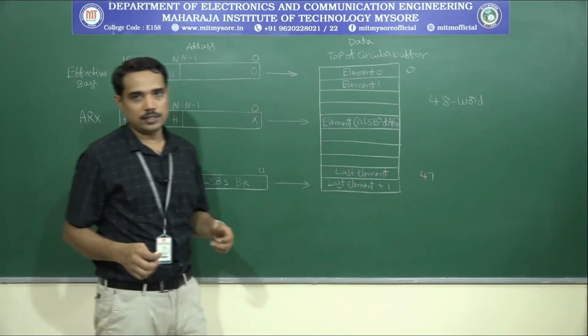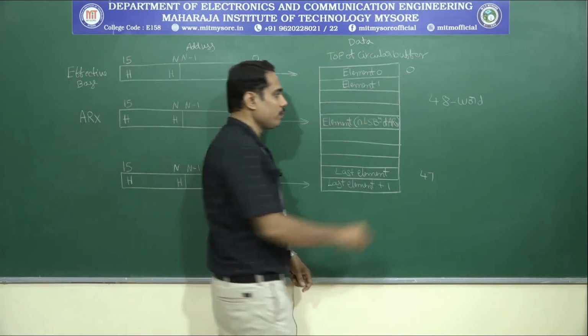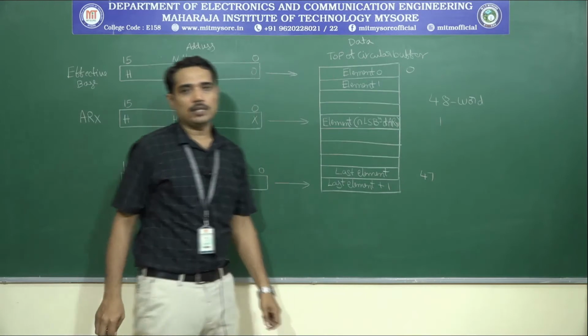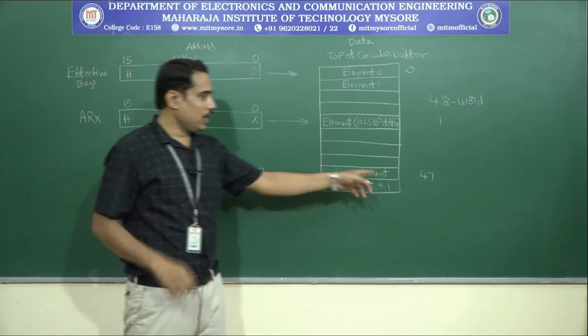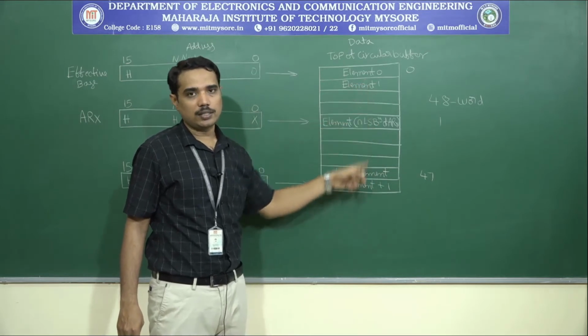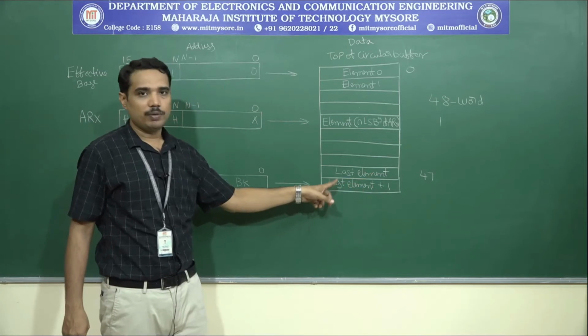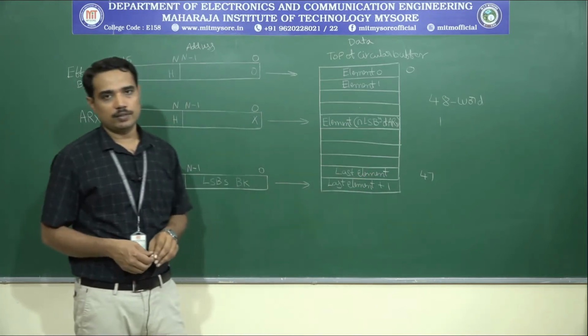The reason is that we start the index from 0 and not from 1. If we start the index from 1, then the last element becomes 48. Since we start from 0, the last element becomes 47. Then the last element plus 1 becomes the 48 word.